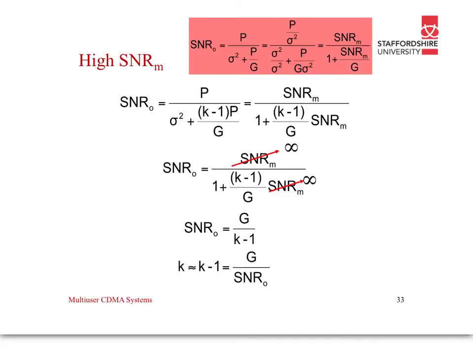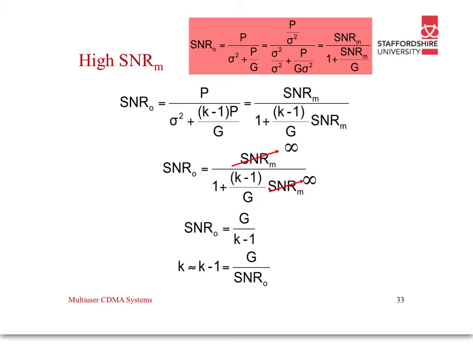So, high signal to noise ratio of the message. Here we have the original equation defined in terms of the signal to noise ratio of the message and the spreading gain.